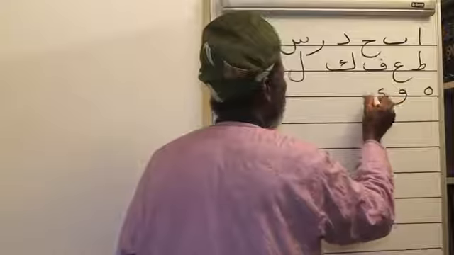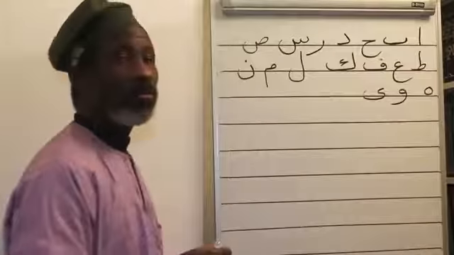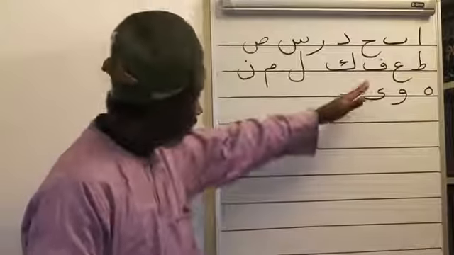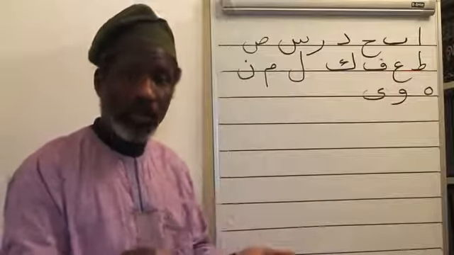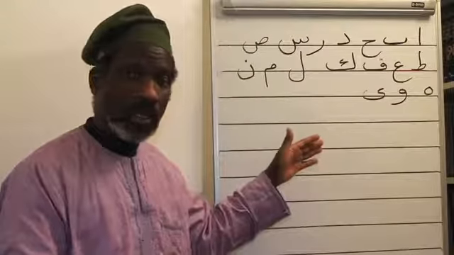And 17. Now, these are the 17 shapes on which the Arabic alphabets are based.